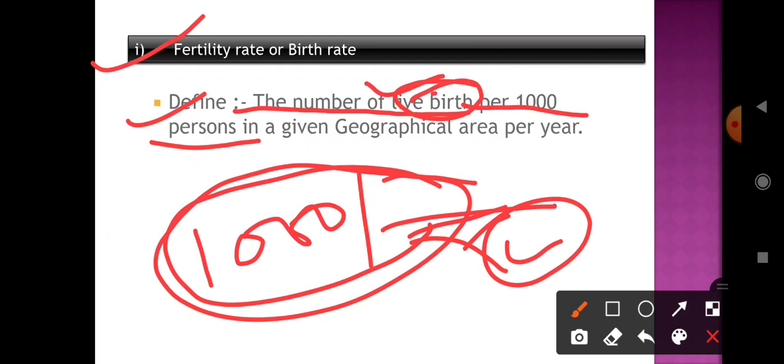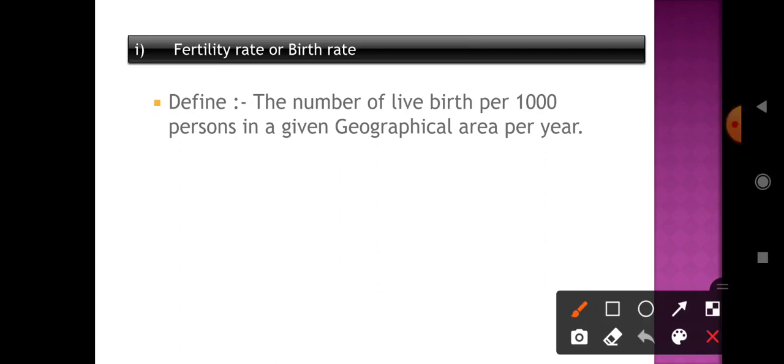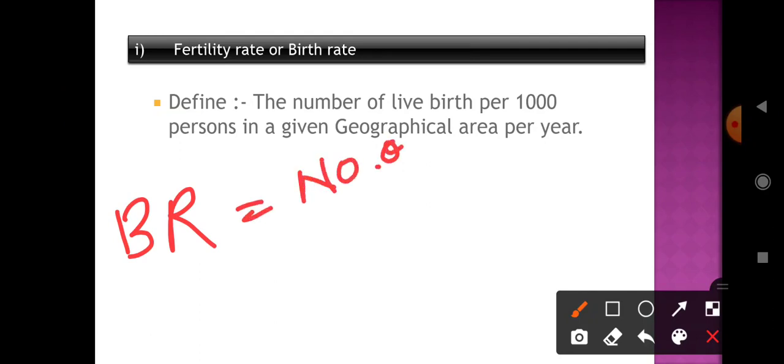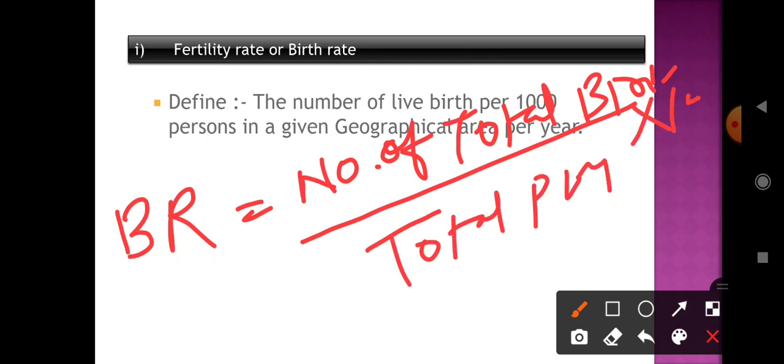There is also one formula by which we can easily understand how the birth rate is calculated.